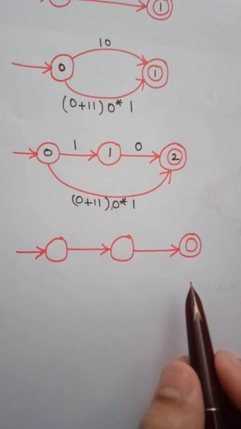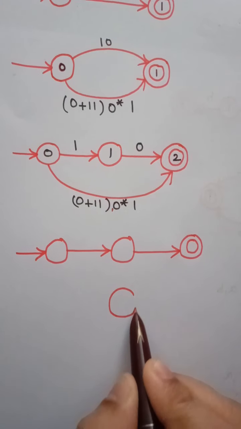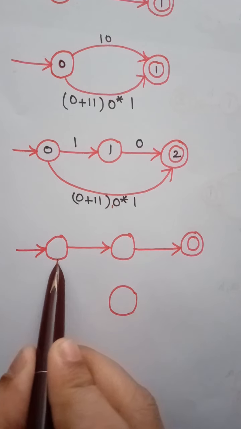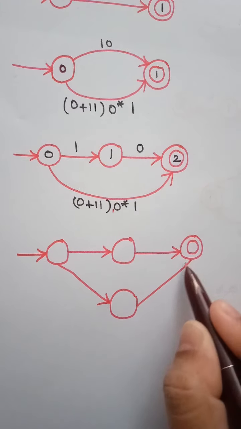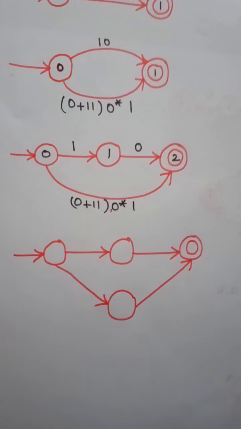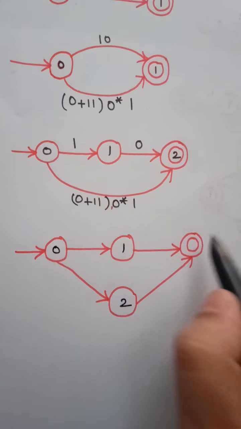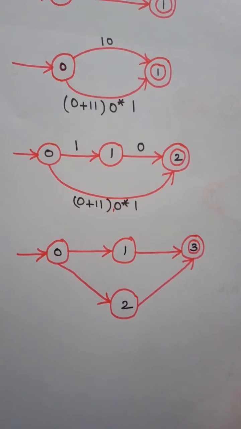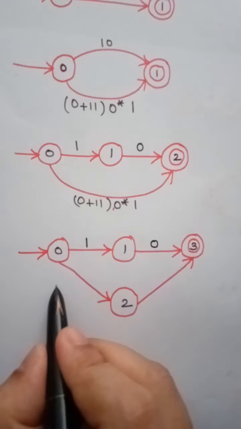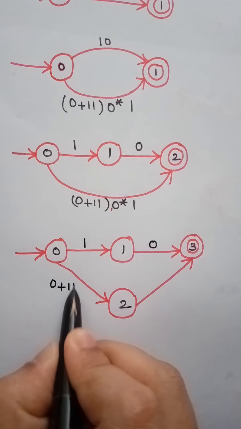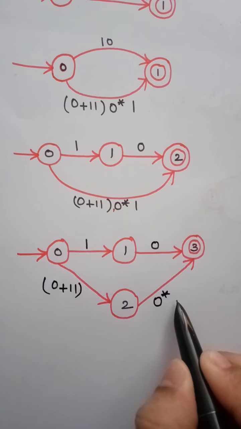Here there is no change. But coming here, this will get split into two ways, with one state in between. Let this be 0, 1, 2, and this is the final state, so I'm naming it as 3. Here it is 1 and here it is 0, and here it will be 0 + 1 1, and here 0 closure 1.